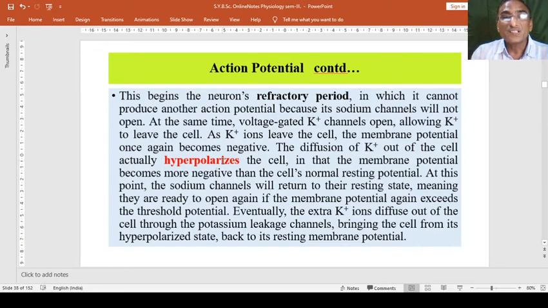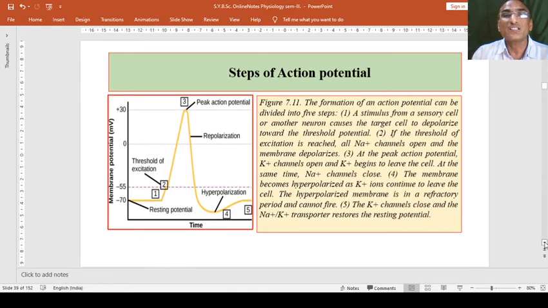Means as soon as the sodium channel closes, potassium opens. As soon as potassium opens, potassium ions move out, and as soon as the complete action potential is carried out, hyperpolarization occurs, and then from the hyperpolarized state the membrane returns to its previous resting state, again ready for the further action of the nerve.